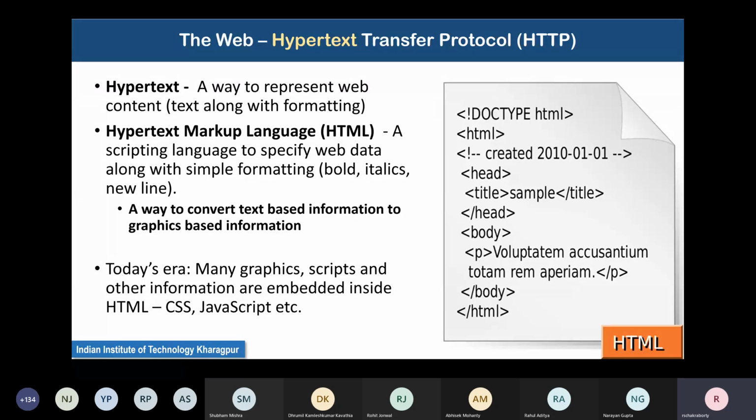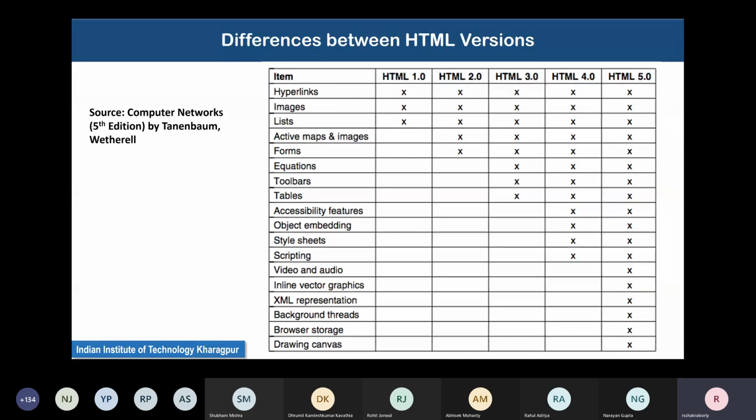So your browser has the ability to execute those JavaScript scripts. Now, I will come to what your computer does when you access a web page. But this is an example of the ability of HTML as it has progressed over time.